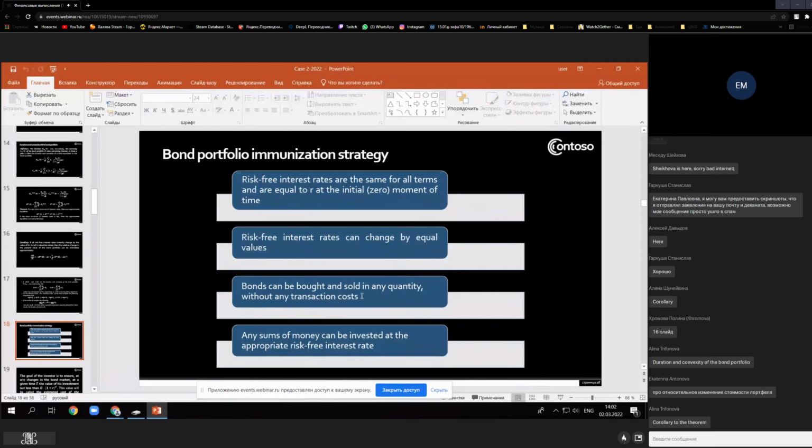To implement the real part, you will have to make the choice. Also, we will suppose that any sums of money can be invested at the appropriate risk-free rate at the moment we get it. So these are very important assumptions. Wait a minute, please.